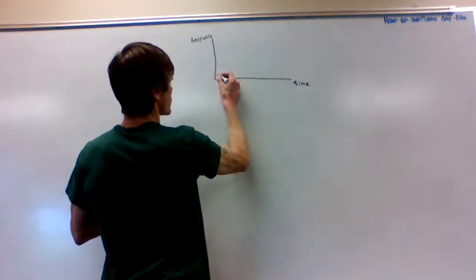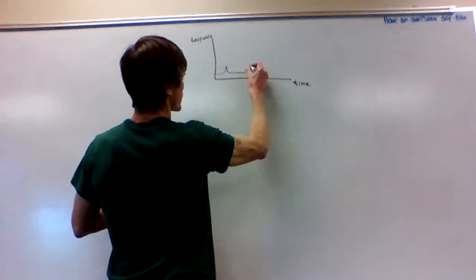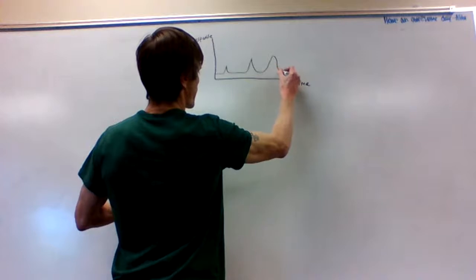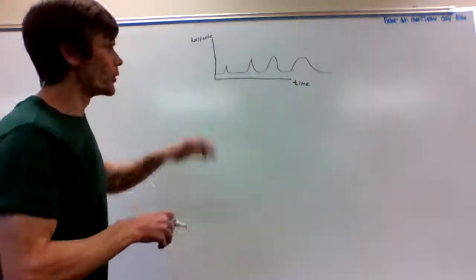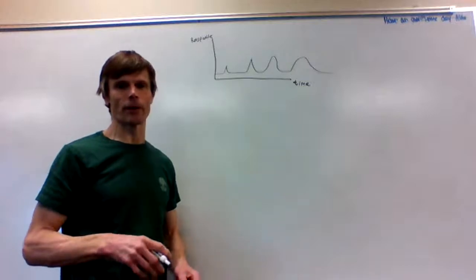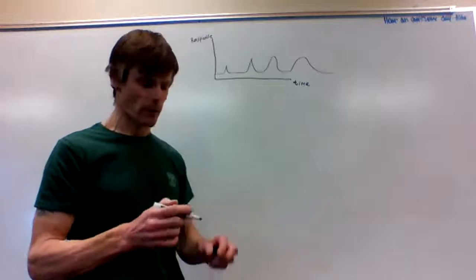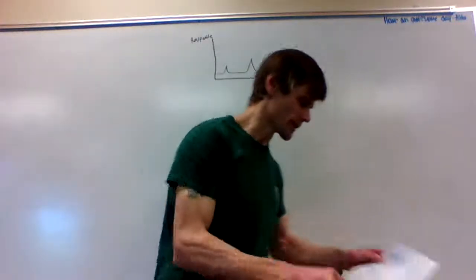We have a peak here, and then we're going to look at three other peaks. They look a little bit different on the PowerPoint, but hopefully you'll understand what I'm talking about when we look at this. Let's put some information on here.